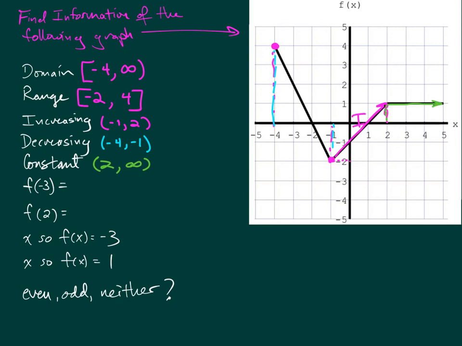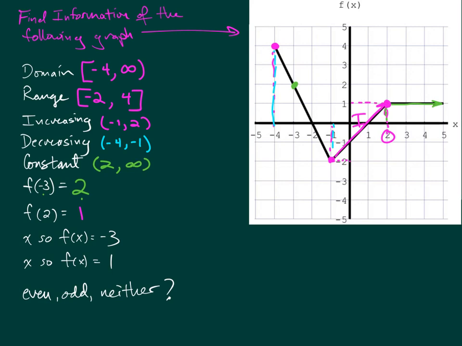Let's see here. f of -3 is +2, and that is because the x-coordinate -3 is paired up with the y-coordinate +2. That point is right there. f of 2 is +1, and that's because when x is 2, that's right here, the y-coordinate of this graph is 1.